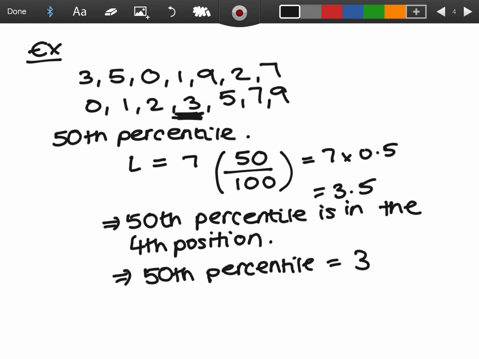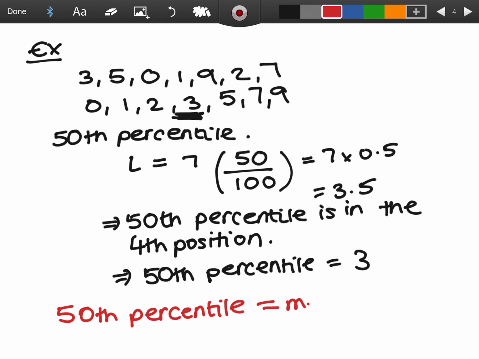If I've got an even number of data points, I'm taking the average of the 2 middle values for the 50th percentile. So the 50th percentile is actually always equal to the median. Because of the way that we calculate these percentiles, the 50th percentile will always work out to that middle value.